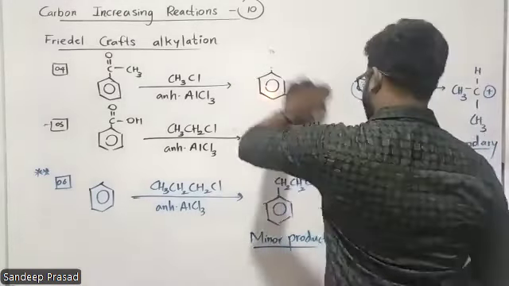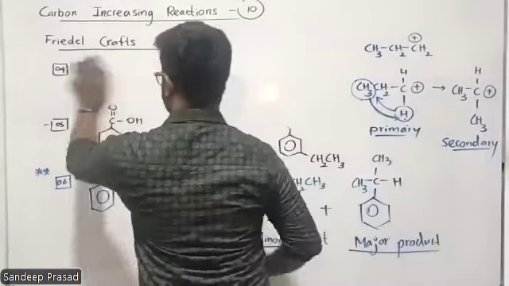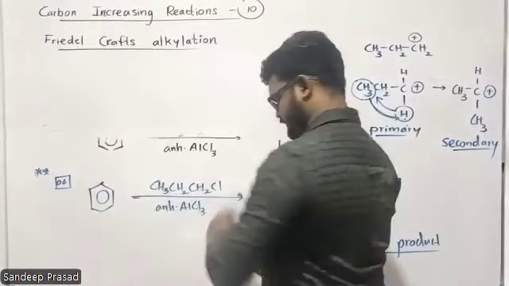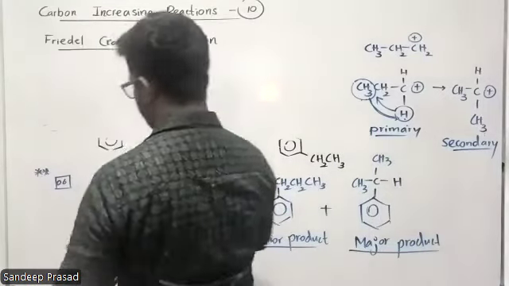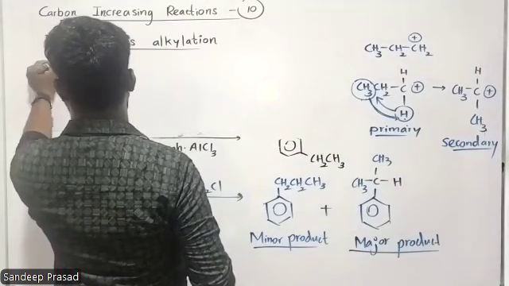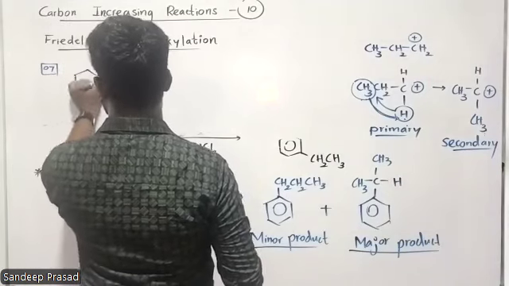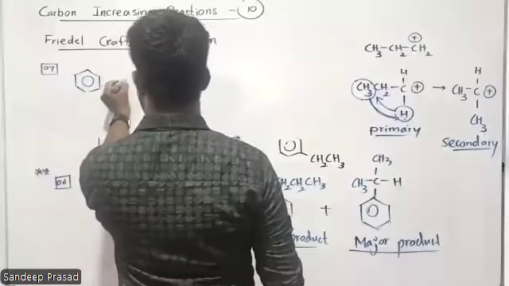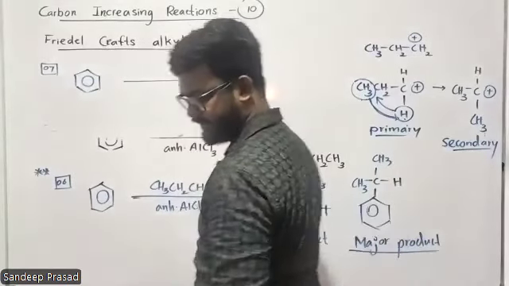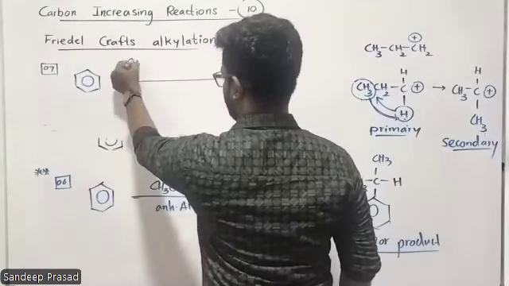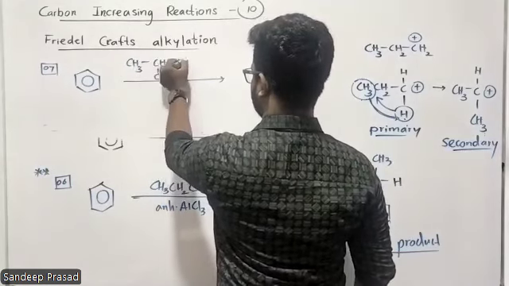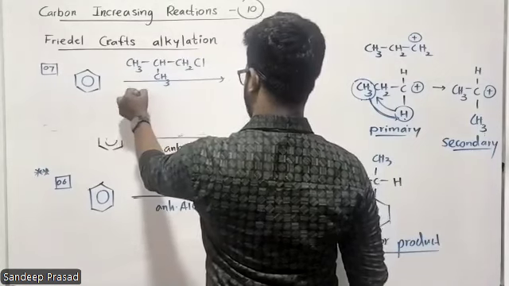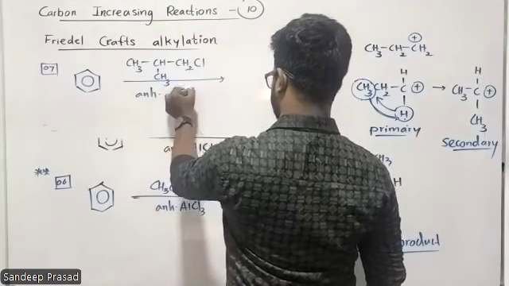I'll discuss another one like this. Another example, number 7. Look at this one. Number 7, we have benzene ring in this way. We are adding alkyl halide like CH3, CH2Cl, anhydrous aluminum trichloride.